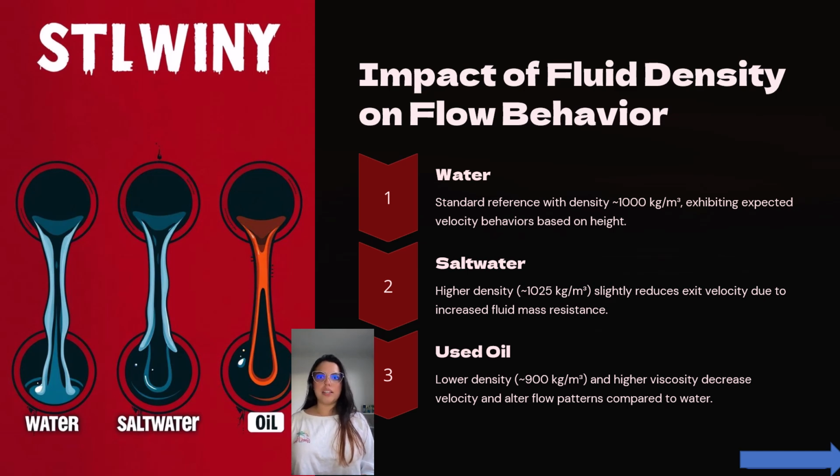Salt water, which is slightly denser, has a bit more resistance, so its flow is slower. Oil has a lower density and higher viscosity, which makes it flow more slowly, and differently from water.